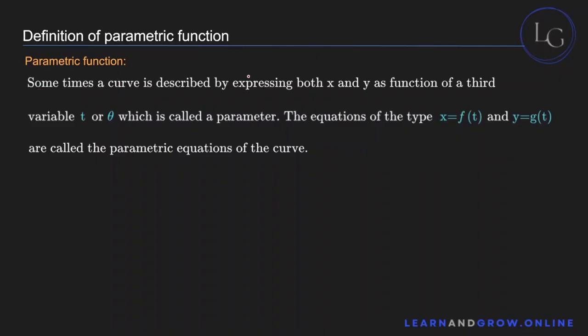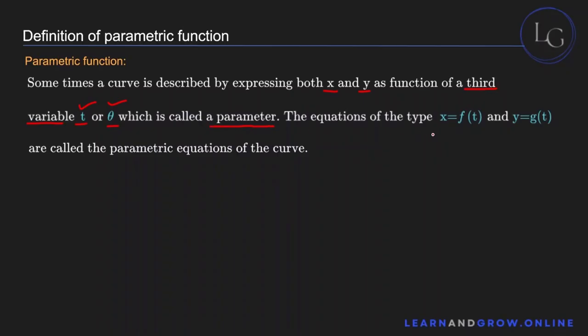Sometimes a curve is described by expressing both x and y as a function of a third variable, which can be anything, but in general we have t or theta, t being time and theta being an angle. So basically x and y change with respect to time or with respect to theta, the angle. And these two are called parameters.